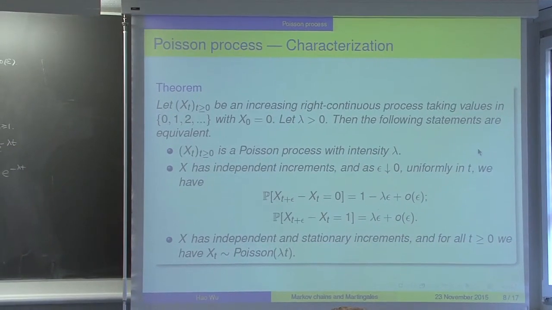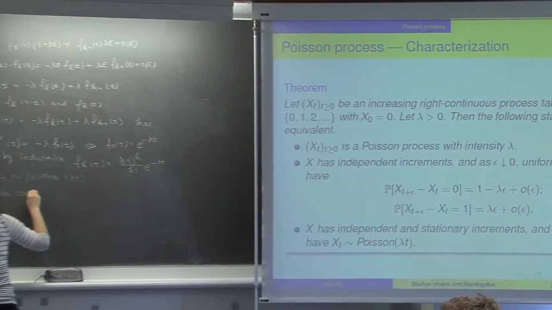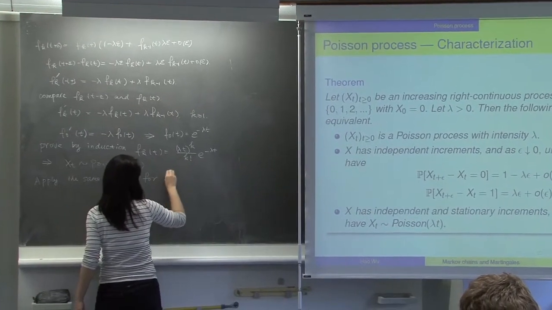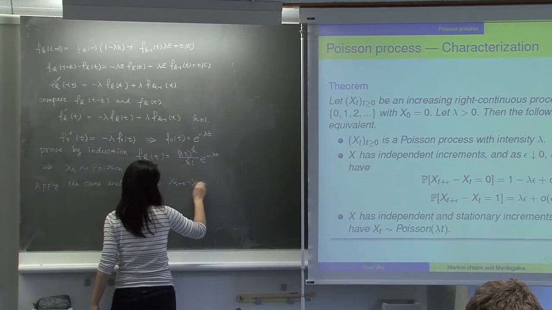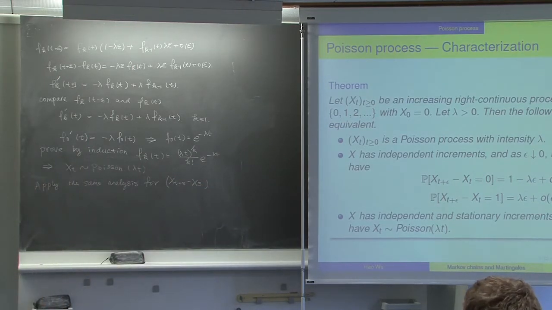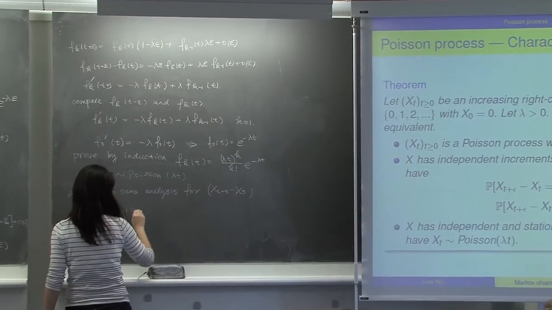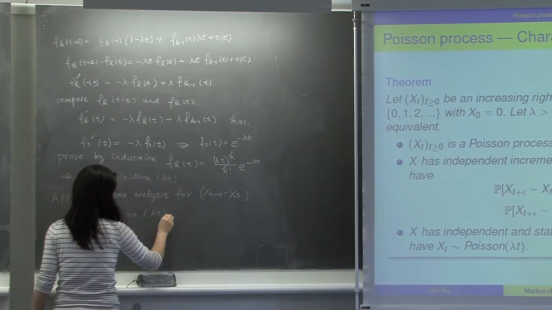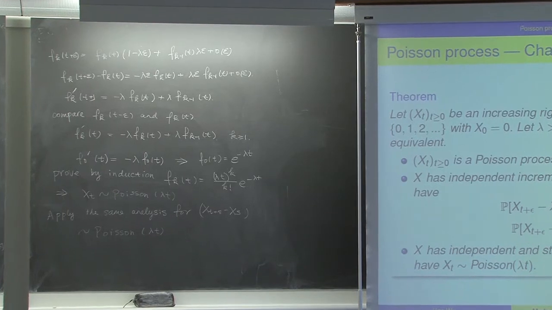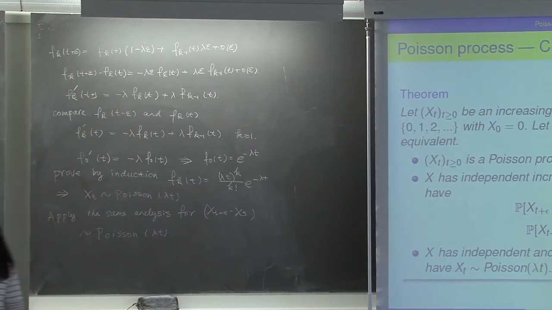So we can apply the same analysis for X_{t+s} minus X_s. And exactly the same calculation will tell us this random variable has the law of a Poisson random variable with intensity lambda t. So this tells us X has stationary increments. So now we have completed the proof from second to third.